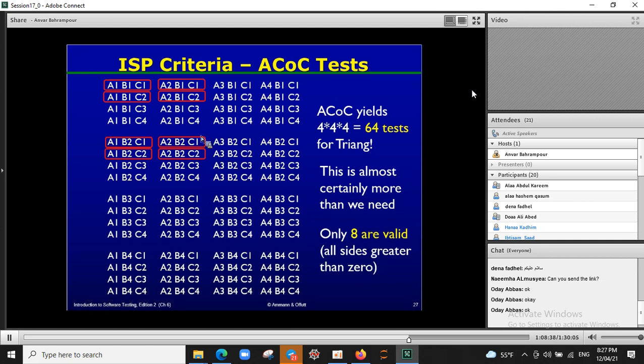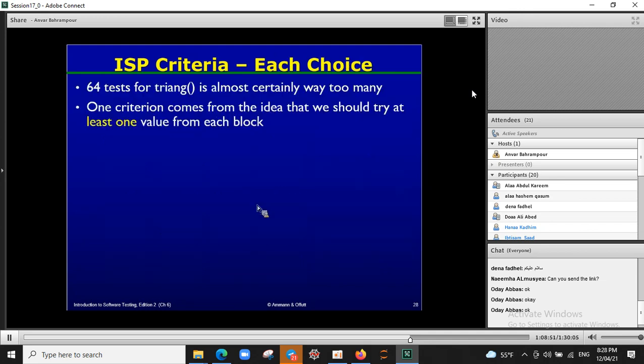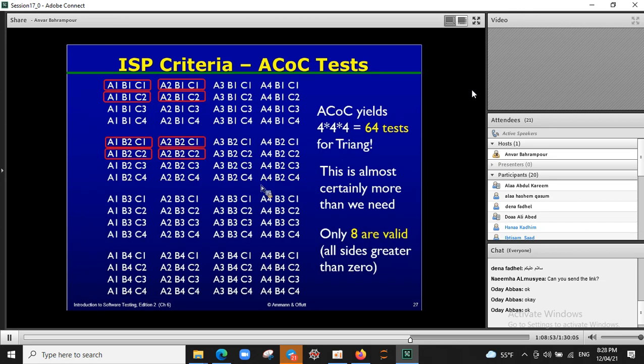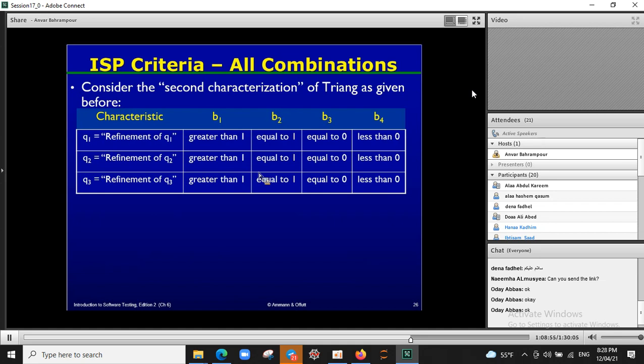So almost all of our tests should be chosen from this area and not in this area. This area has less importance, and this area is more important in our case.